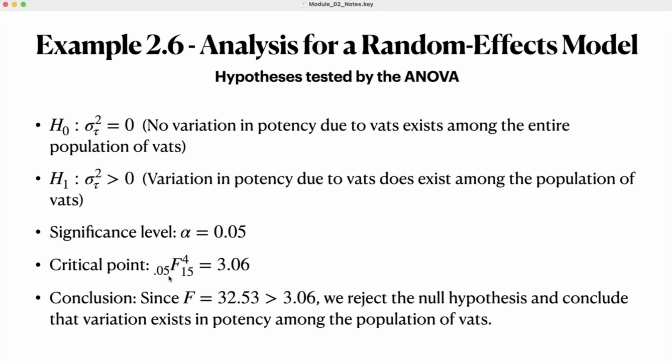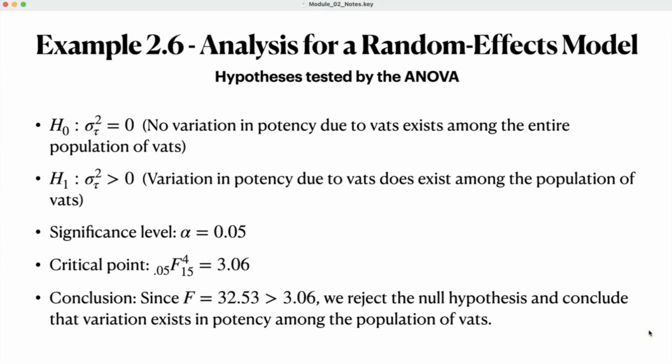I mean, the F statistic is more than 10 times larger than the critical point, which was 3.06. And so because of that, either using the test statistic, critical point method, or using the p-value method, the results are equivalent. We reject the null hypothesis and conclude that variation exists in potency among the population of VATs.